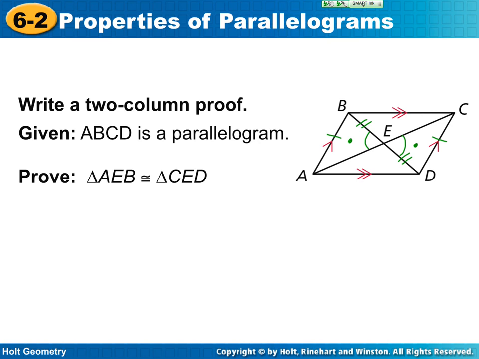CE congruent to AE, what reason? That same 624, diagonals bisecting. Okay, so now we could do this by side side side, and not even talk about the vertical angles. Or we could not even talk about these outer sides, and we could do side angle side.